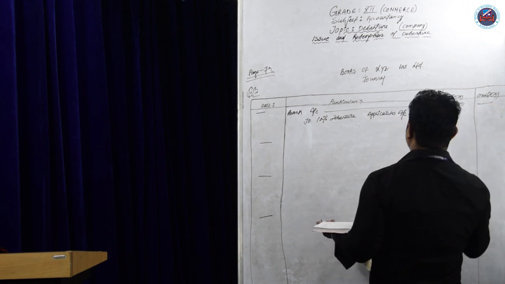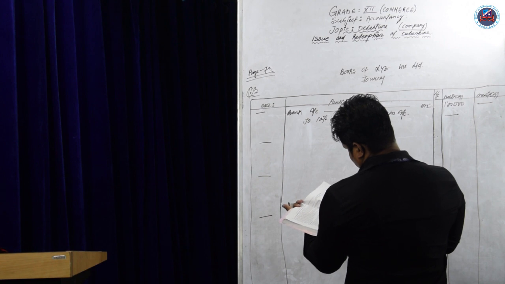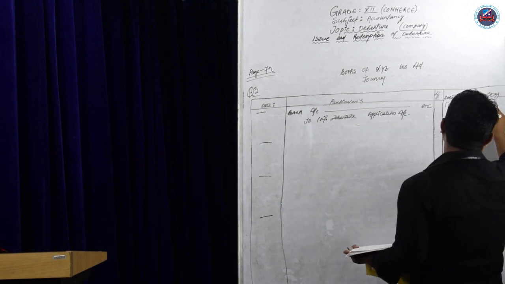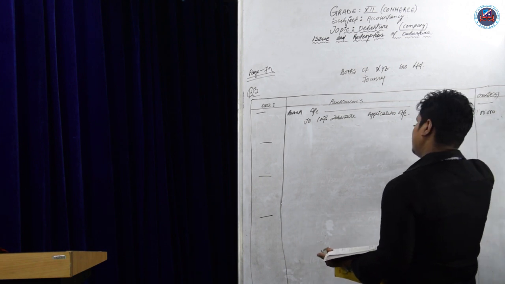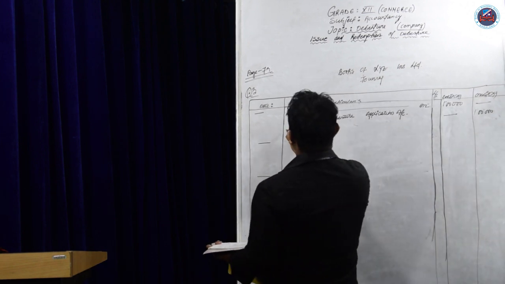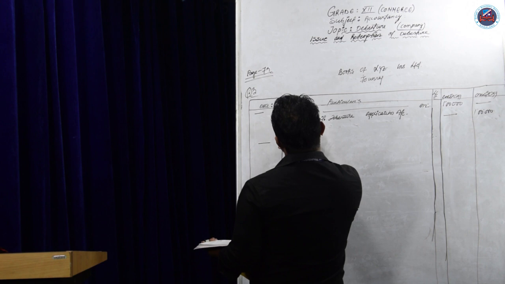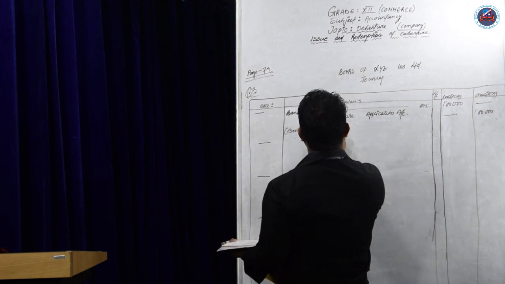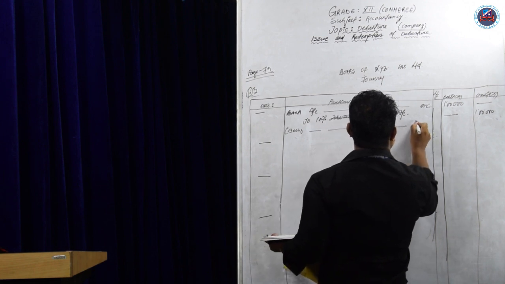How 1 lakh? If you multiply 2000 into 50, you get 1 lakh. Narration will be the same, being debenture is issued.